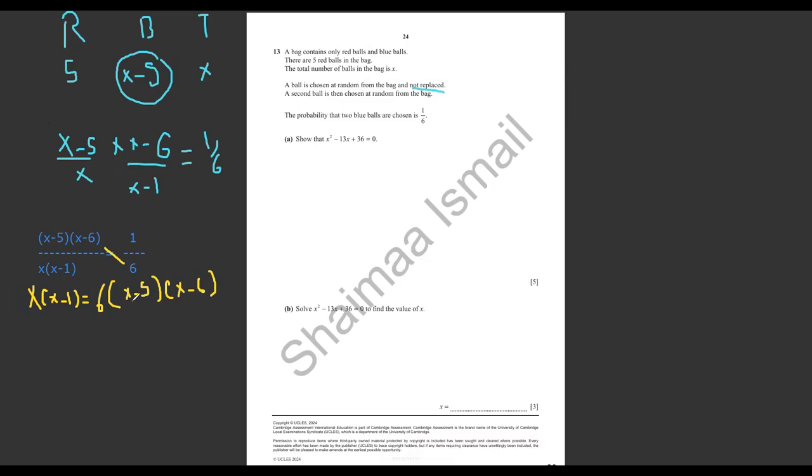Okay, let's multiply here. x times x is x squared minus 6x, minus 5x, plus 30.